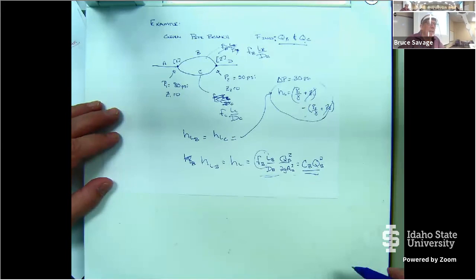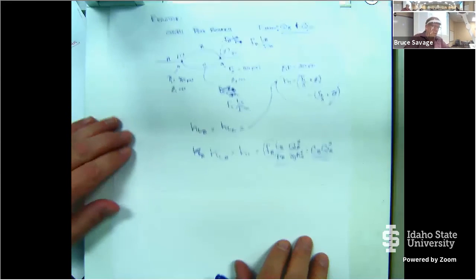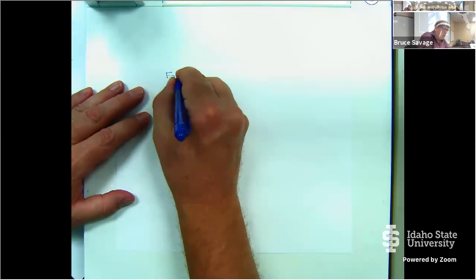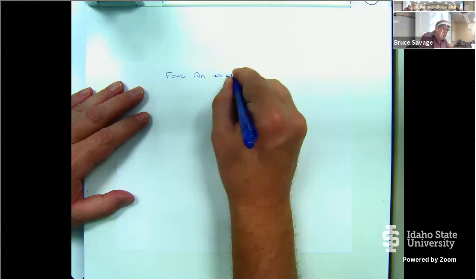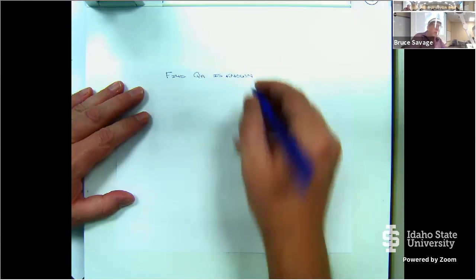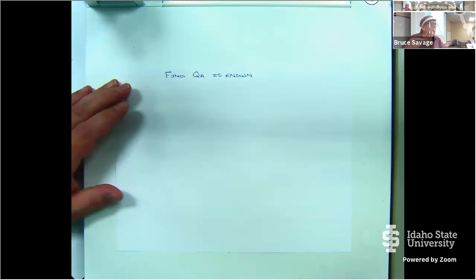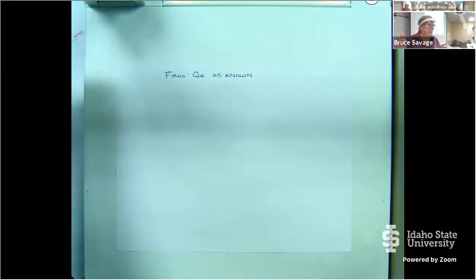If I don't know the head loss, but the flow rate in A is known, so if Q sub A is known, I automatically know Q sub D, because what comes in goes around my loops and goes out D has to be equivalent, right?